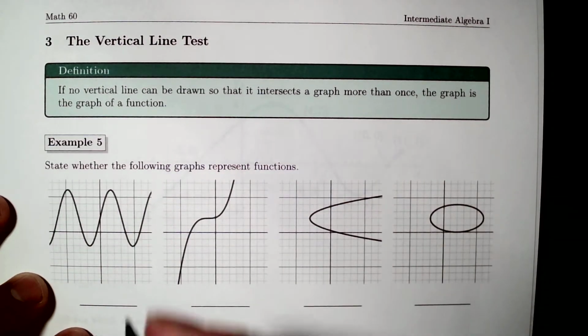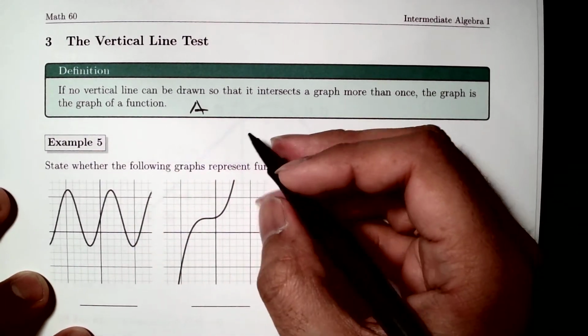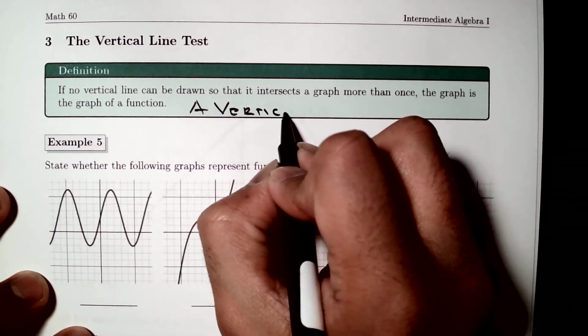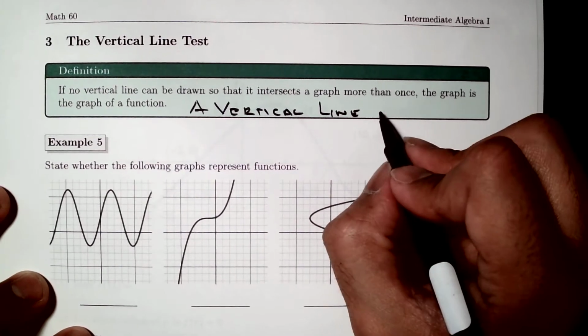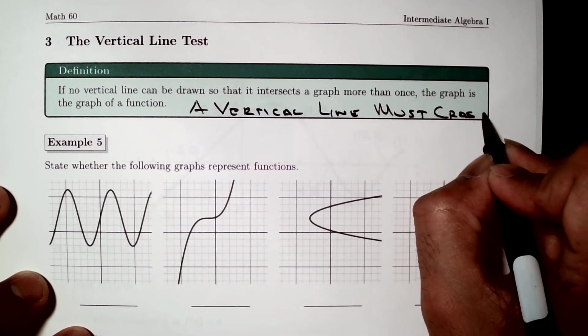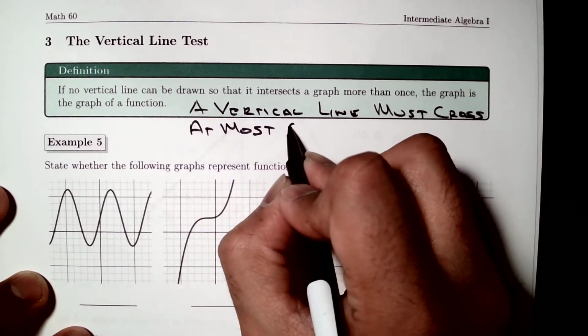In other words, a vertical line must cross at most once.